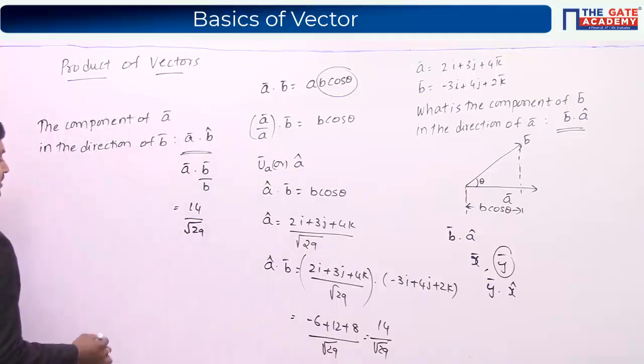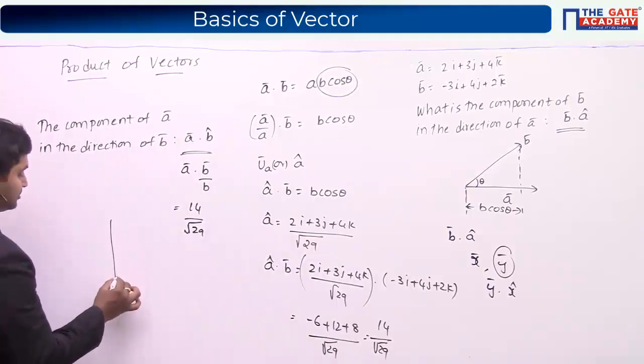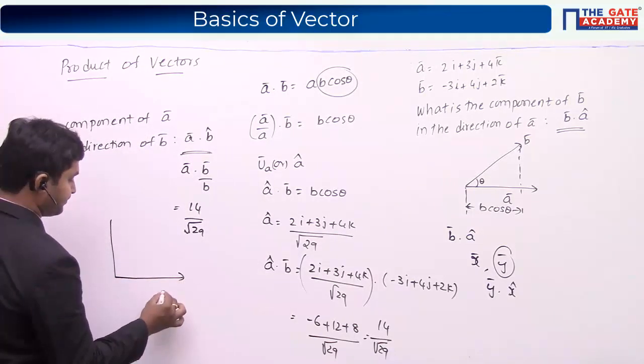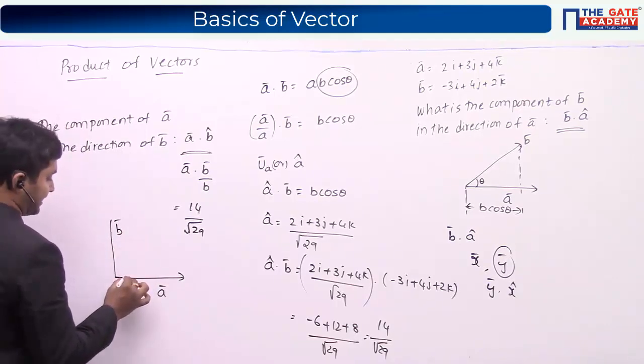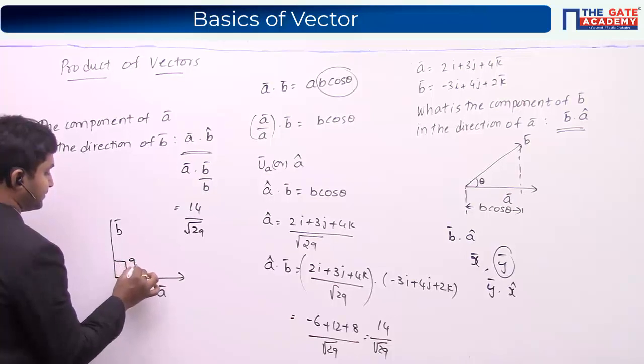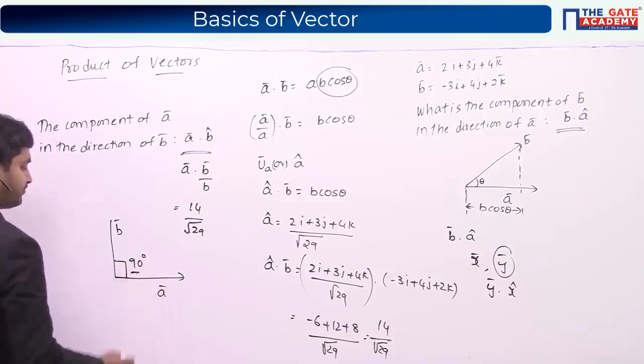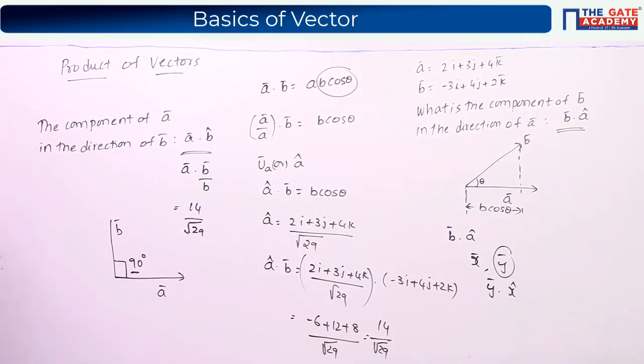Now please tell me one thing. If you have the same two vectors, A bar and B bar, and the angle between these two vectors is 90 degrees, then what is the component of B in the direction of A?